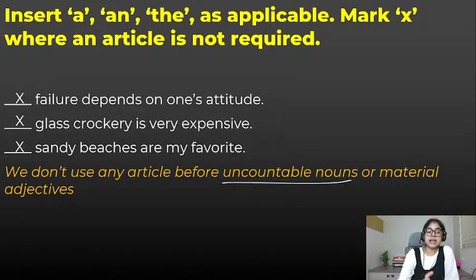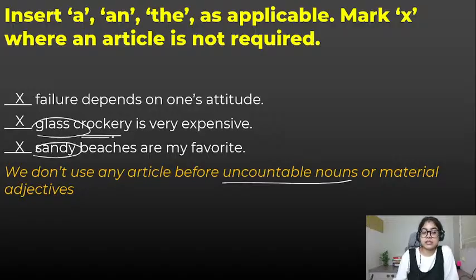और material adjectives. These words are material adjectives. Okay, glass crockery, concrete ceiling, sandy beaches. When they tell you what material the noun is made up of, those are called material adjectives. Wooden chair, wooden table, steel plate.